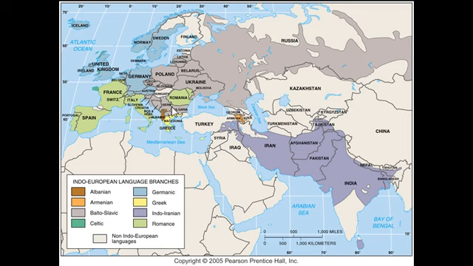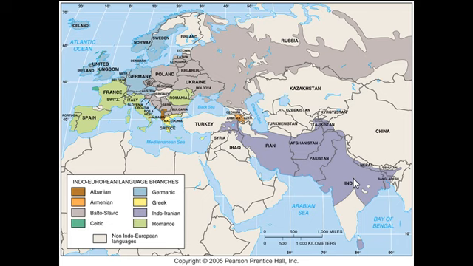And then, of course, languages that are color-coded similarly are even more closely related to one another, as English is to German, French is to Italian. And of course, the same thing is true over here. In Iran, they speak Persian, which is closely related, because it's in the same sub-branch of the Indo-European language family, to Hindi, which is spoken in northern India.